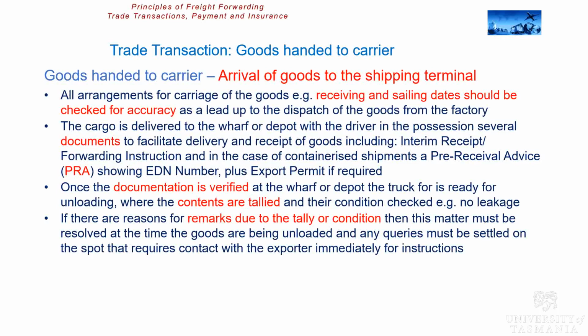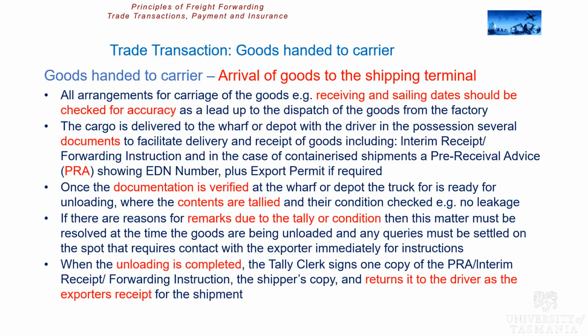Now, that's likely to require some form of notation on the documentation, and before the goods are unloaded, this needs to be sorted out. So essentially it would require the person who's bringing those goods to the terminal to contact the exporter and get some immediate instructions in regards to what happens to those particular goods.